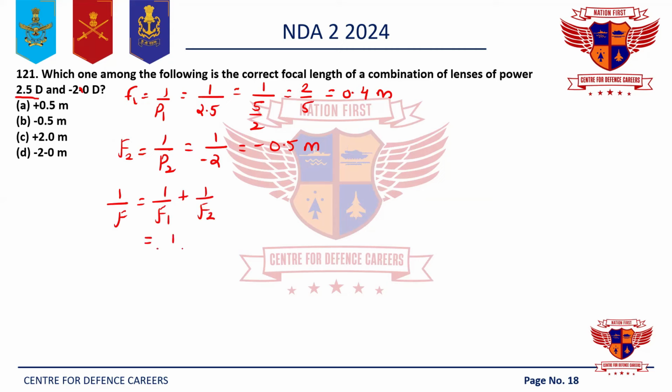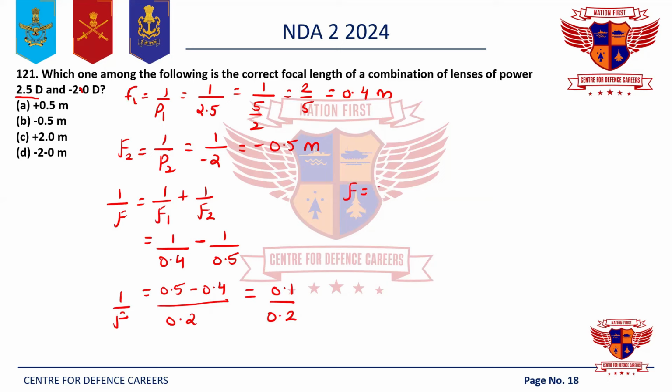So that will be 1 upon 0.4 minus 1 upon 0.5. Solving this, 0.5 minus 0.4 divided by 0.2. This will be equal to 0.1 divided by 0.2, 1 upon F.